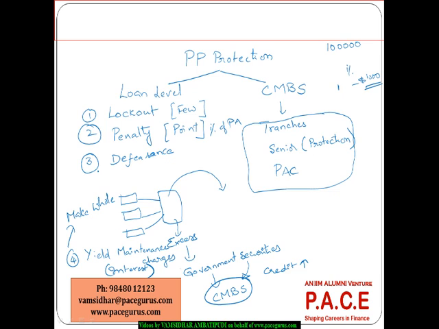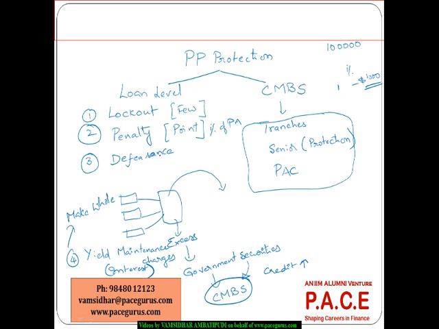Make the existing lender indifferent to prepayment versus non-prepayment. So that is what we are calling yield maintenance charges. There is an excess amount that is charged from the borrower for that amount of interest that is lost by the lender. So making the cash flows equivalent is the main objective of this kind of structure.